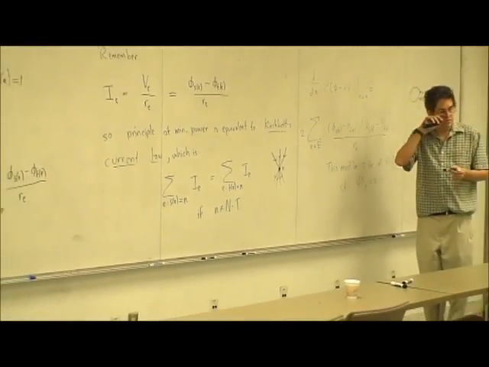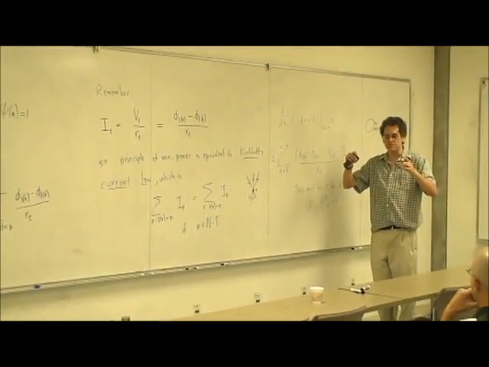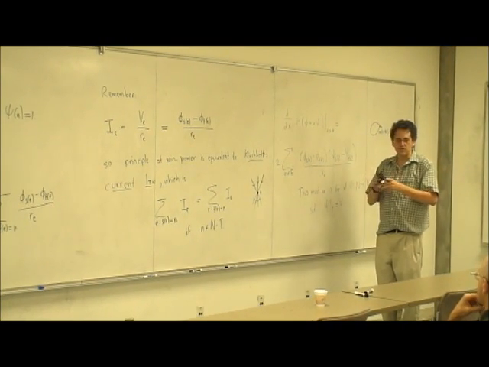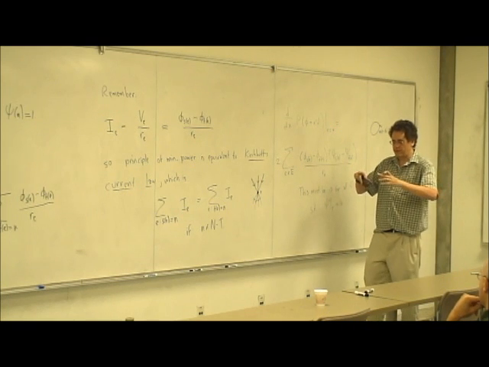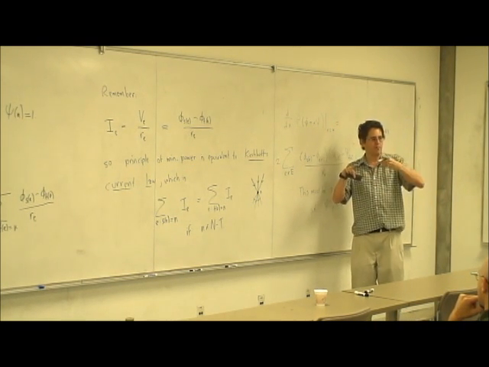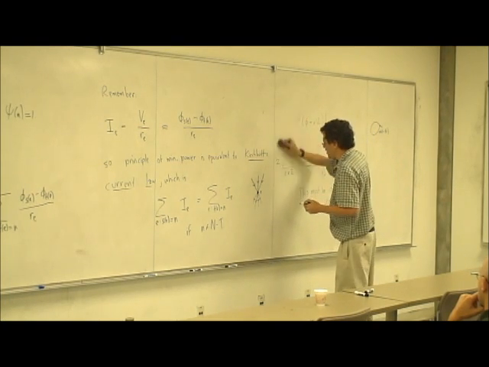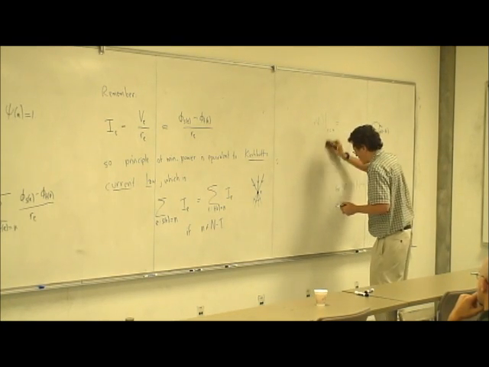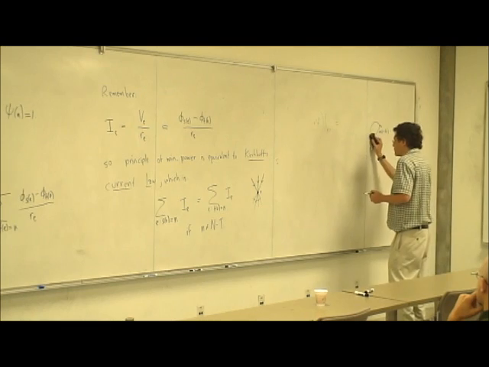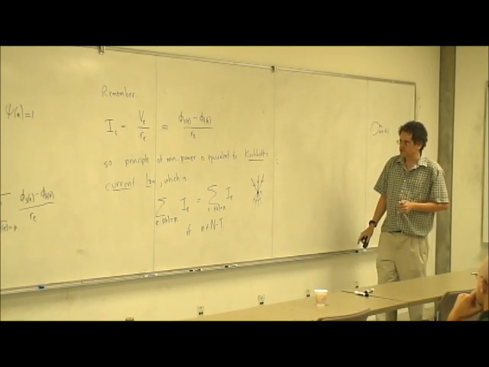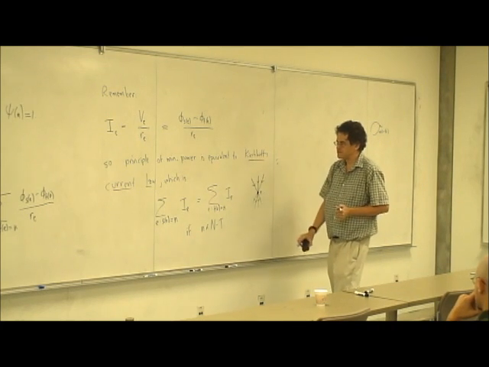This doesn't need to be true at the terminals, because the terminals we think of as wires sort of dangling off into the rest of the world, and the whole way we get a circuit to work is by pumping current into it from outside. And so the terminals are where we allow current to flow in and out from the circuit to some other wires outside the circuit. So we don't want to impose this at the terminals.